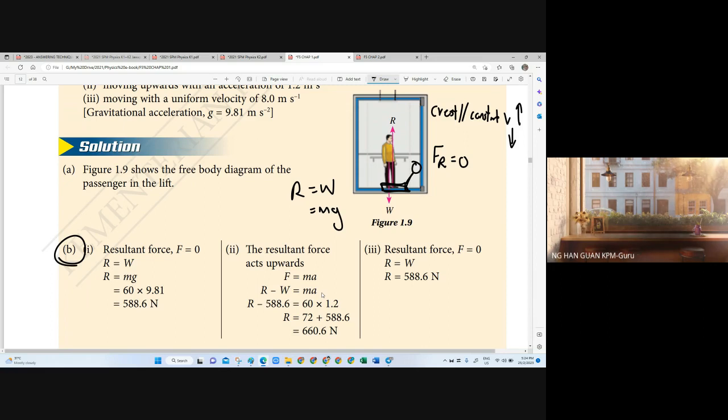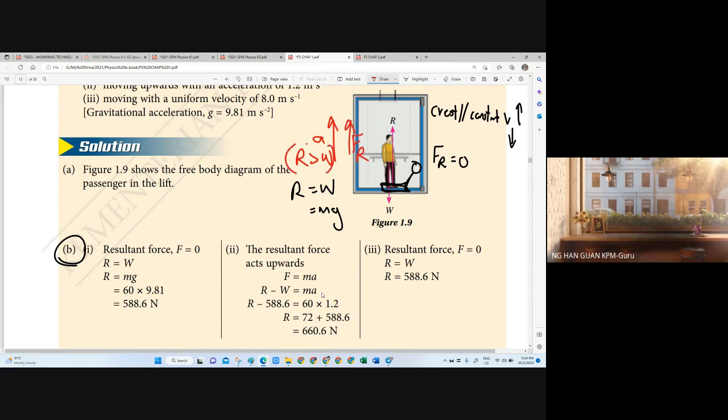So if the lift is accelerating upwards, it means R is more than W, because when accelerating upwards there is a resultant force upwards.